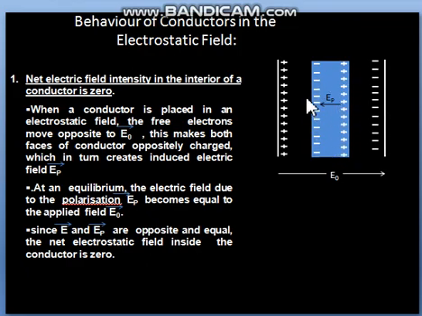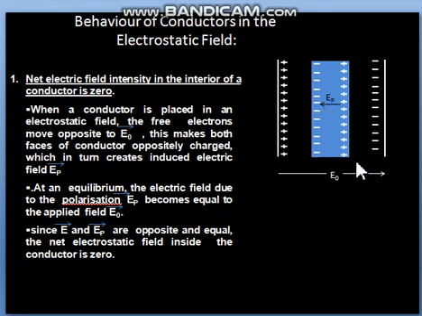Now this accumulation of the charges will keep on taking place until EP becomes equal to E0. So at equilibrium, E0 and EP are equal. Overall for this conductor there are two electric fields available: the external electric field E0 is towards the right and the polarized electric field EP is towards the left.